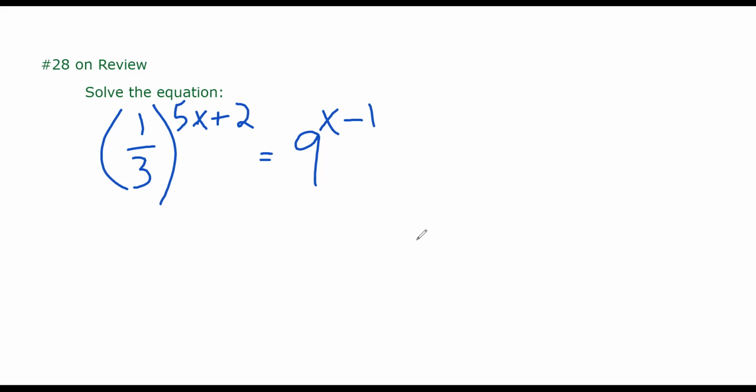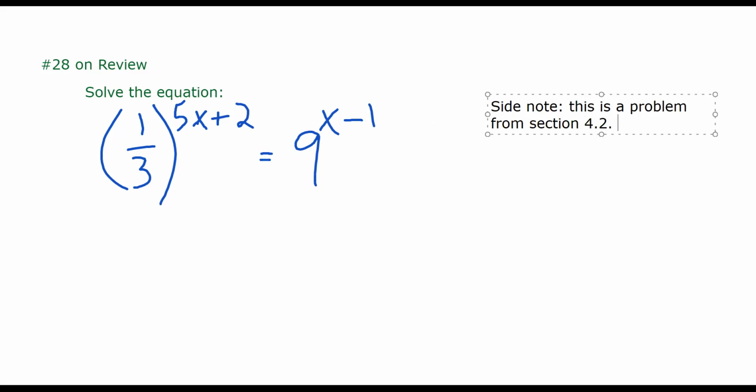So what we're going to have to do is find some strategy of making our variable no longer in the exponent. That's our goal here. There's a couple ways you can do this. Just as a little side note, this is a problem from section 4.2.